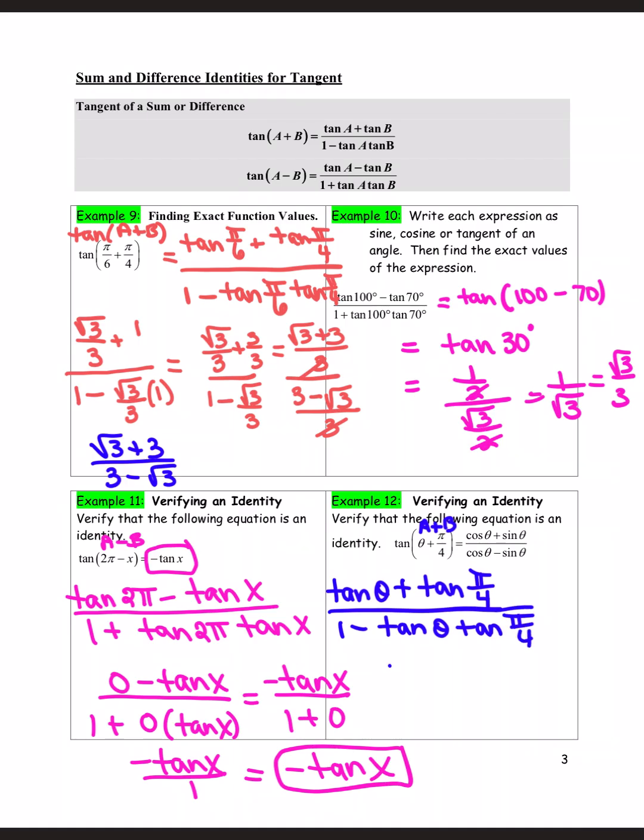So we have tan of theta plus tan of pi over 4, which is 1, divided by 1 minus tan of theta times tan of pi over 4, which is 1. So we have tan of theta plus 1 divided by 1 minus tan of theta.